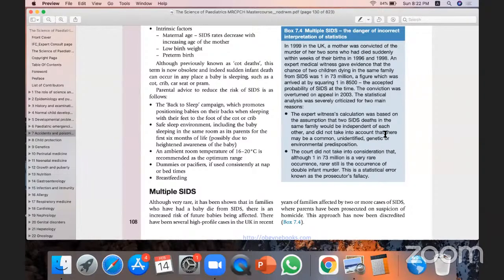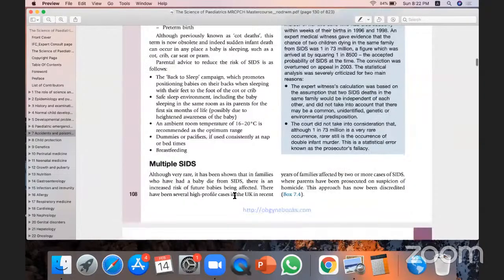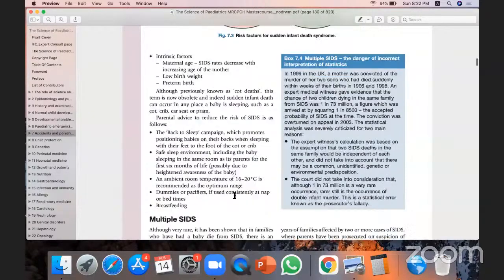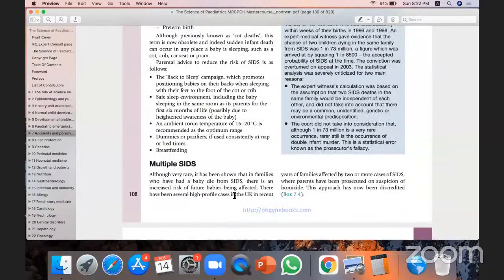Okay. Now, multiple cases in the family. This is important. To prevent multiple cases, we have the CONI program, Care of Next Infant program. And in England and certain other areas, there is the Back to Sleep campaign. This campaign tells us that babies should be slept on their back, not in prone or semi-prone position.